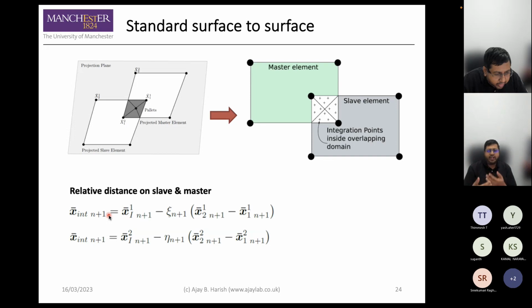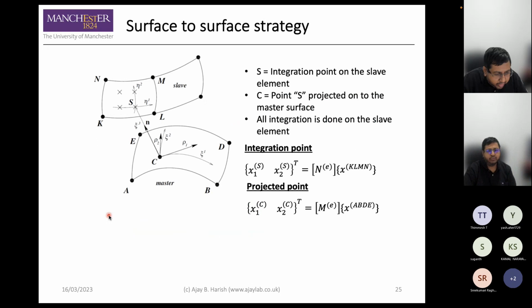a way. One of the things that was recently developed, and that I also worked on in my PhD, was mortar contact, where we can handle very largely different mesh densities on the two sides. So what you do is you take a projection plane and project everything onto this particular plane and divide whatever is intersecting into pellets, and use those as your integration points to build your stiffness matrix, right?